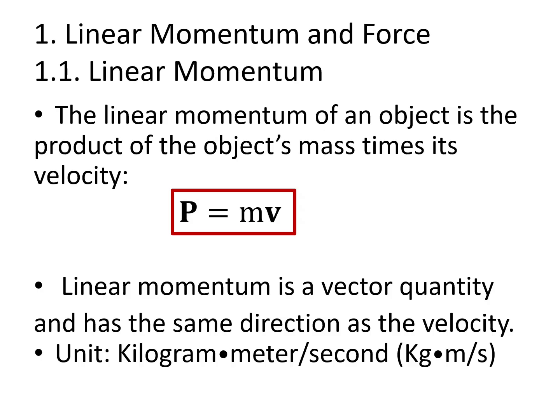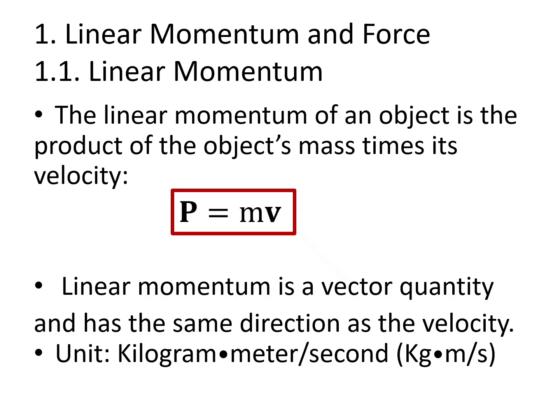Linear momentum is the product of an object's mass and its velocity. The symbol for momentum is usually written as a lowercase p. In words, momentum equals mass multiplied by velocity. Mass tells us how much matter the object has, and velocity tells us how fast it is moving and in what direction.